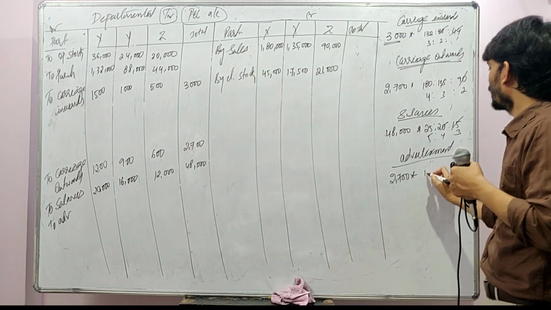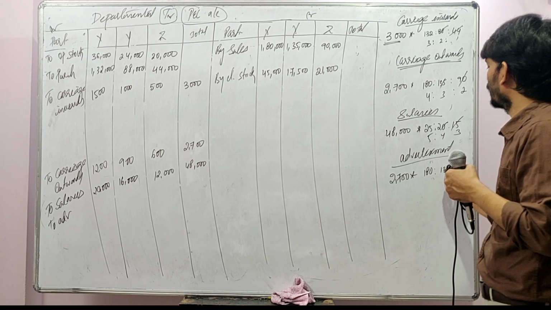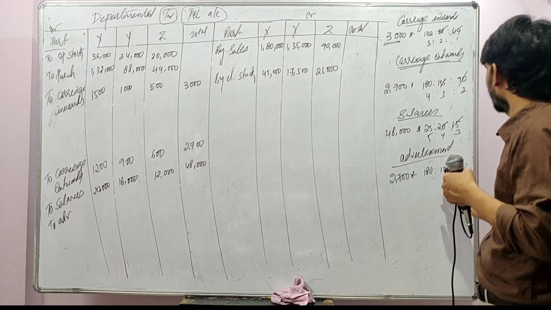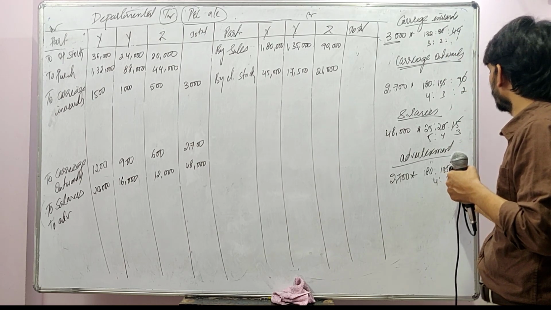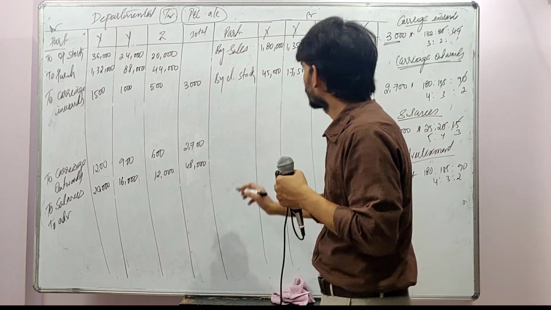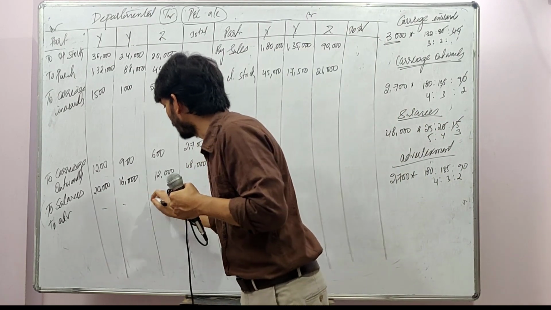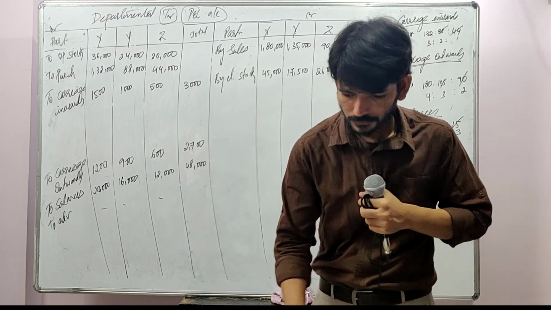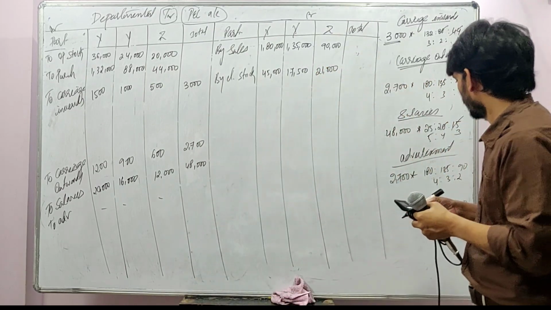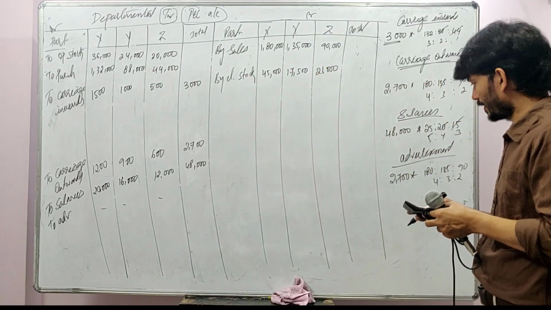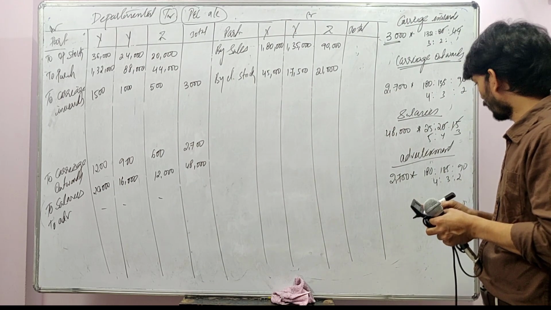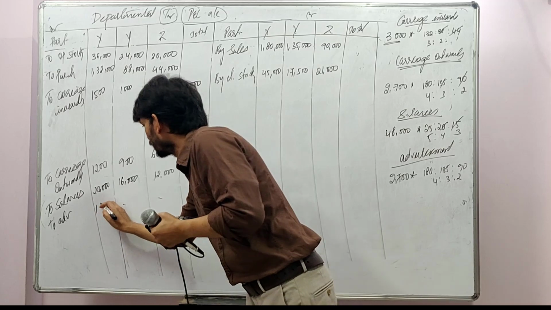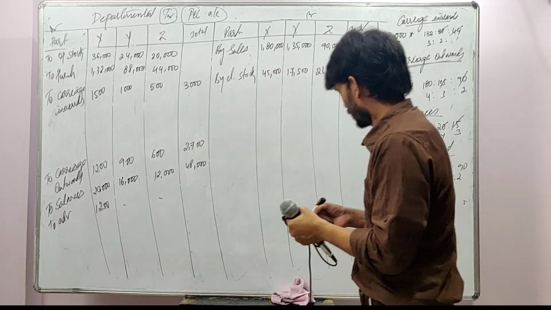So 180, 135, 90, as we have done already for carriage outwards, so 4:3:2. On that basis you can apportion. So advertisement you can write it here. I'm not writing it because we have another question which we need to solve also, or we will solve it if you feel like that. 2700 multiplied by 4 divided by 9 is 1200.